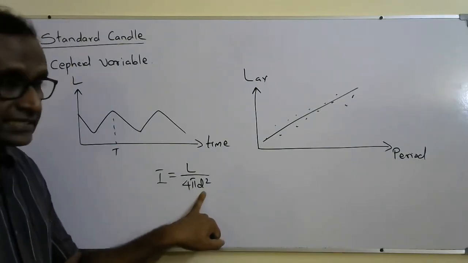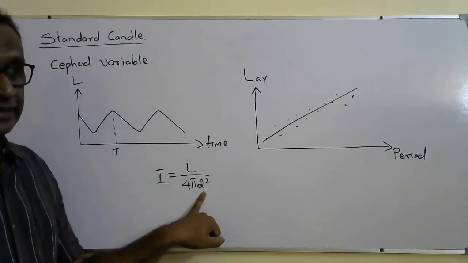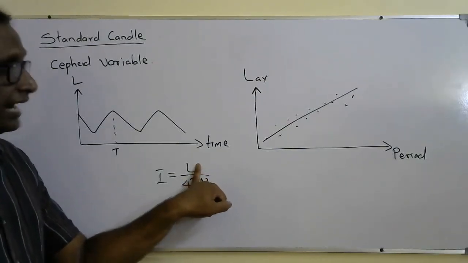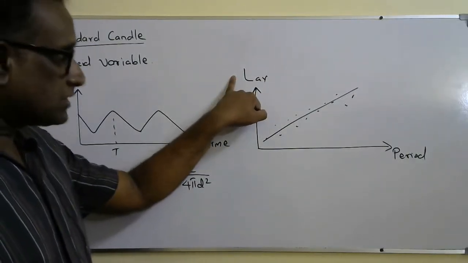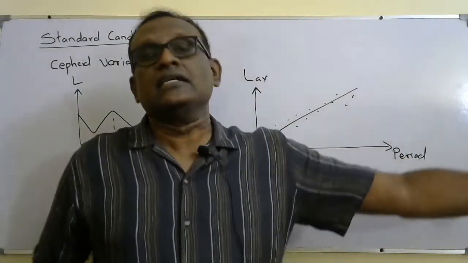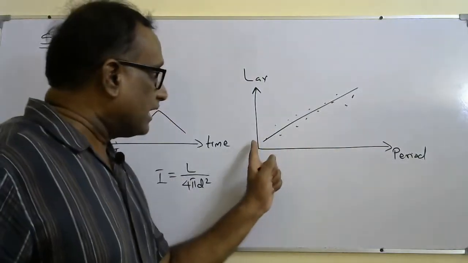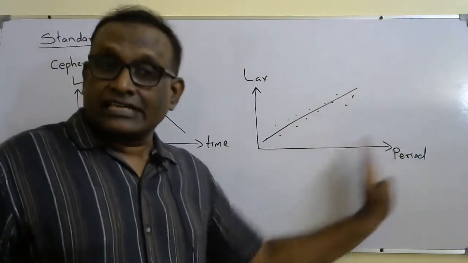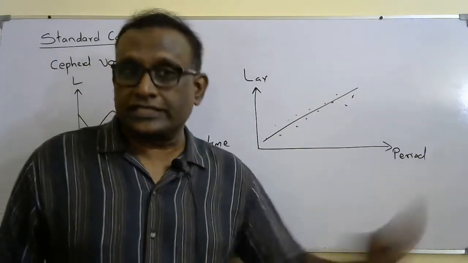We can measure their distances by using the trigonometric parallax method. So we can find their average luminosity, and if we plot a graph of average luminosity against period of expansion and contraction for different Cepheid variables, the best fit line will be a straight line. We got this data by using several Cepheid variables closer to us.